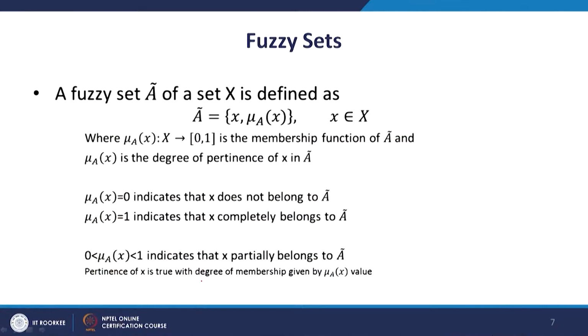So, this is how we define A tilde as x comma mu A of x, for x belonging to capital X.